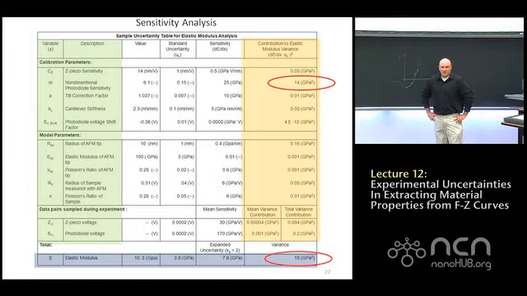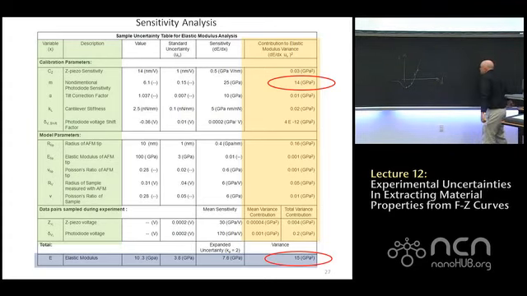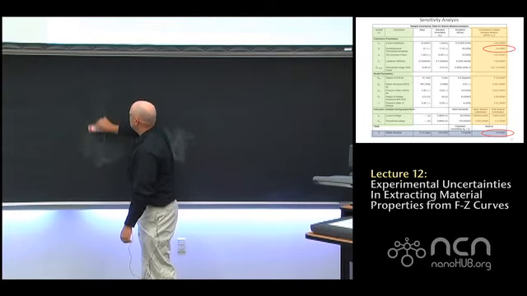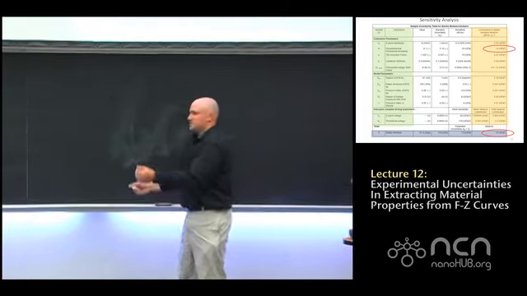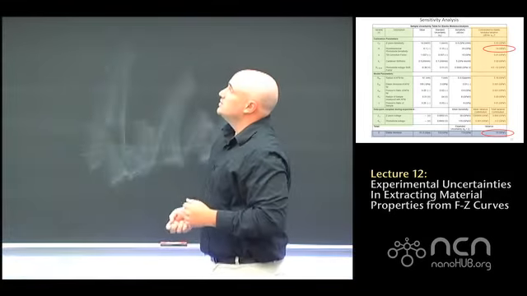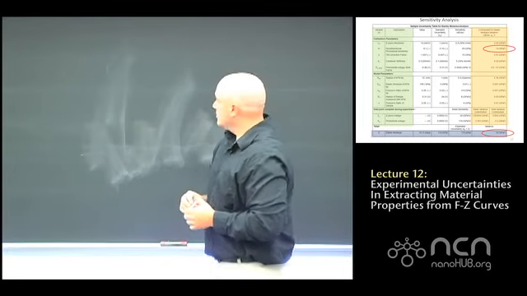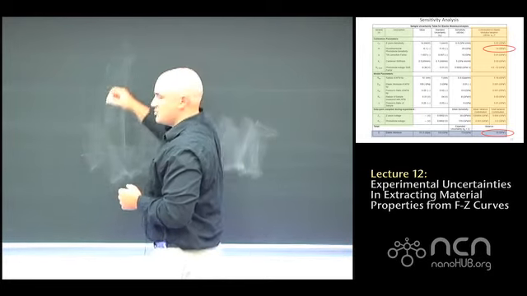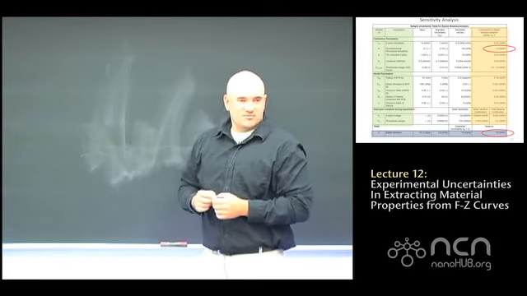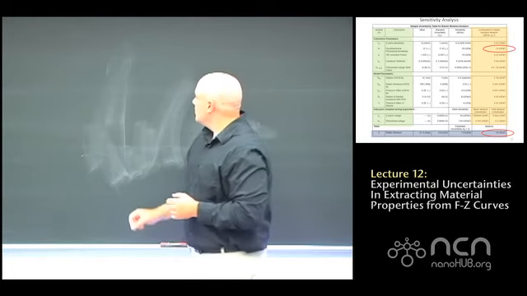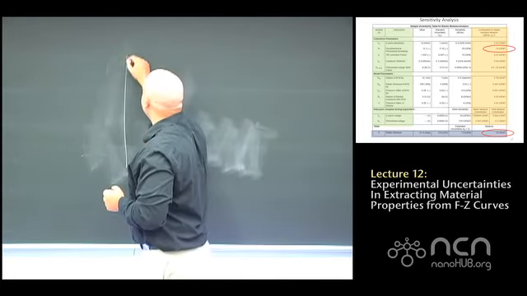So why is that? This is my last slide, but I'll write it on the board here. Essentially, what we've shown is that the sensitivity is really high for this M parameter. Does anybody have any guesses about why that might be? Okay, let's think back to what we did.